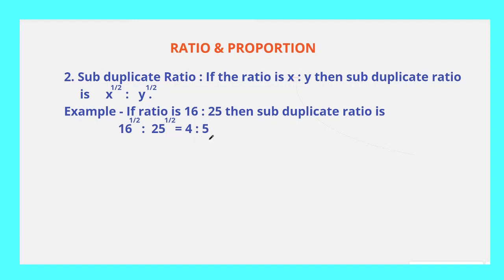As the square root of 16 is 4 and square root of 25 is 5, this ratio becomes 4 ratio 5. Thus, subduplicate ratio of 16 and 25 is 4 ratio 5.